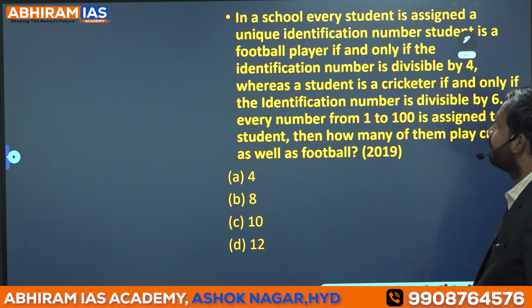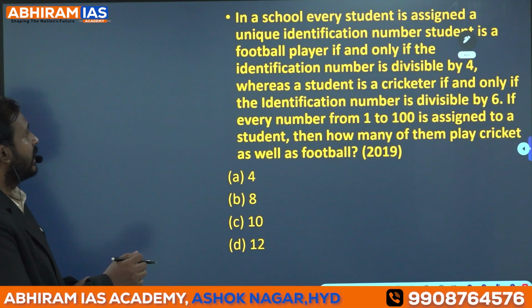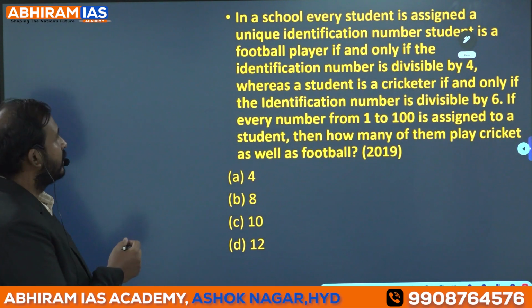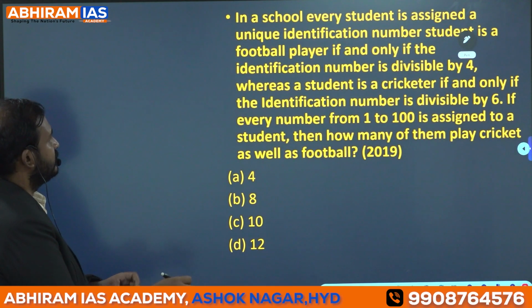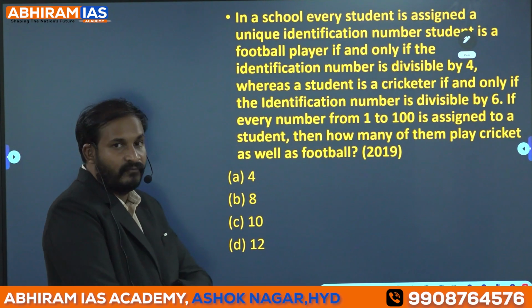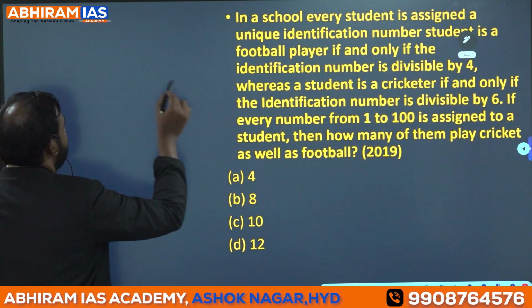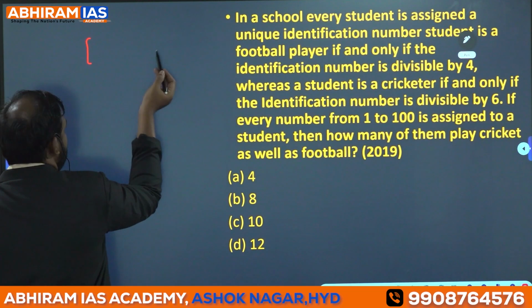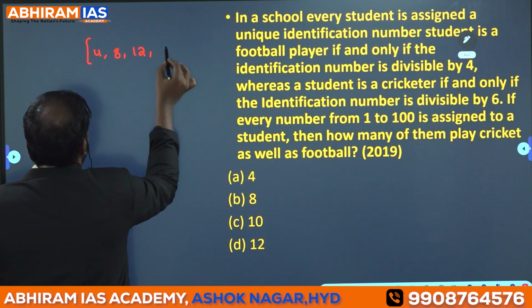Next, in a school every student is assigned a unique identification number. The student is a football player if and only if his identification number is divisible by 4. That means the football players' numbers will start, what are the chances for the football players? 4, 8, 12, 16 and so on.